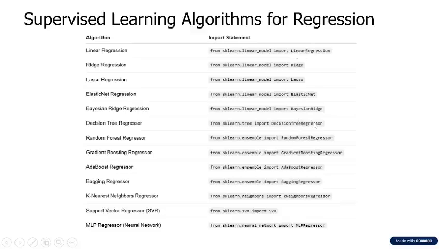DecisionTreeRegressor has three distinct words. So the Decision will start with a capital letter, the Tree will start with a capital letter, and the Regressor will start with a capital letter. The same thing applies to RandomForest. So as long as the word is different, always capitalize. However, join them together. If not, it will raise an error for you. So all these are the way you can import your regression algorithms.